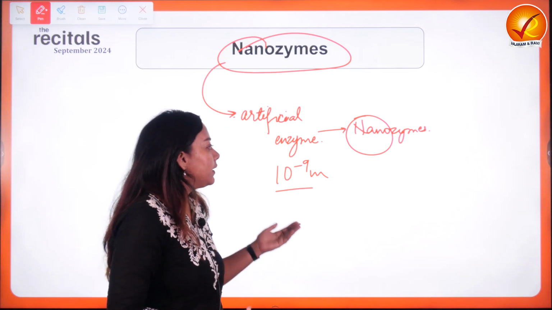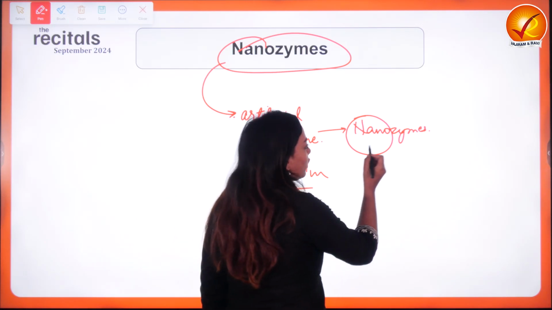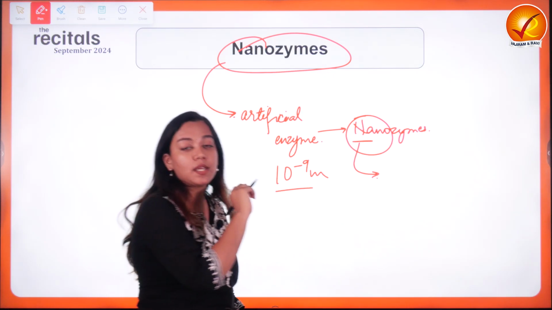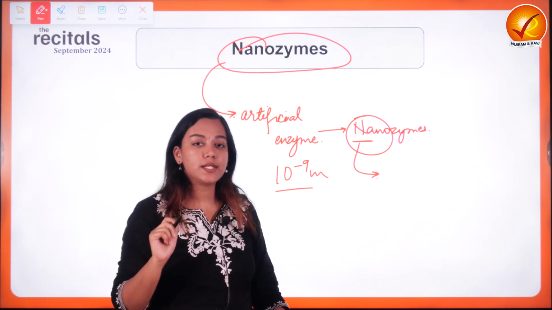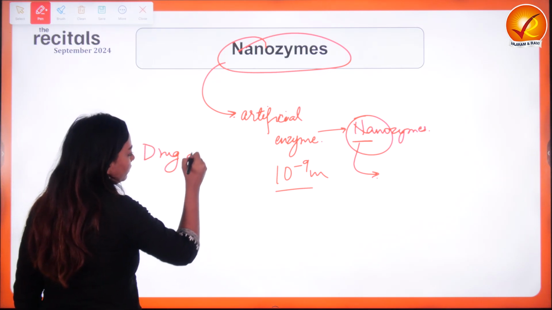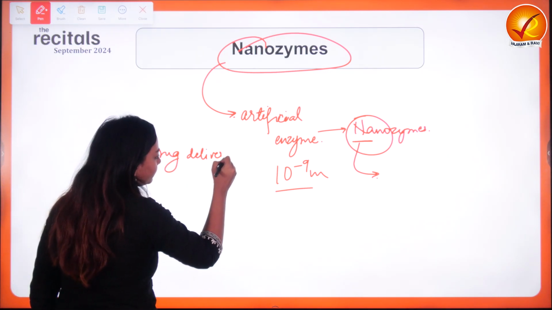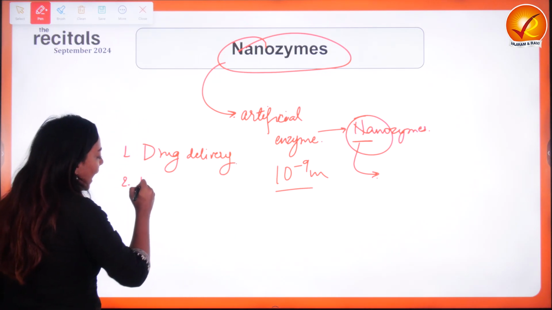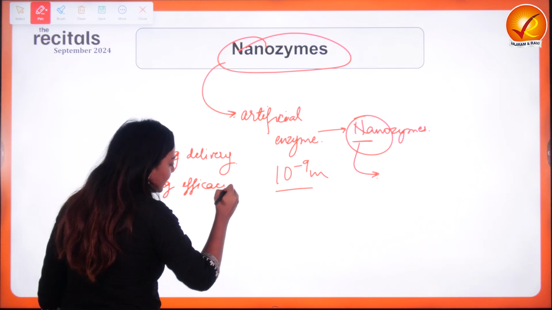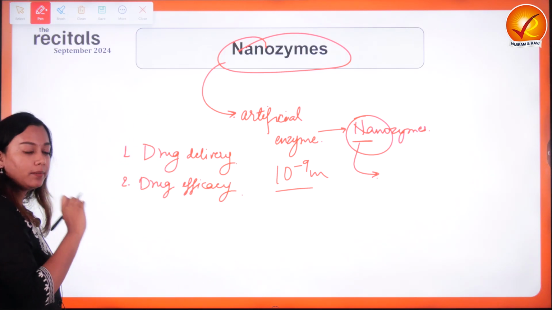Similarly, we are creating certain metals into nano shapes, which creates nanozymes. So what are the applications of nanozymes? First and foremost, drug delivery, and also to enhance drug efficacy because it is going to accelerate the reaction of the drug in the body.